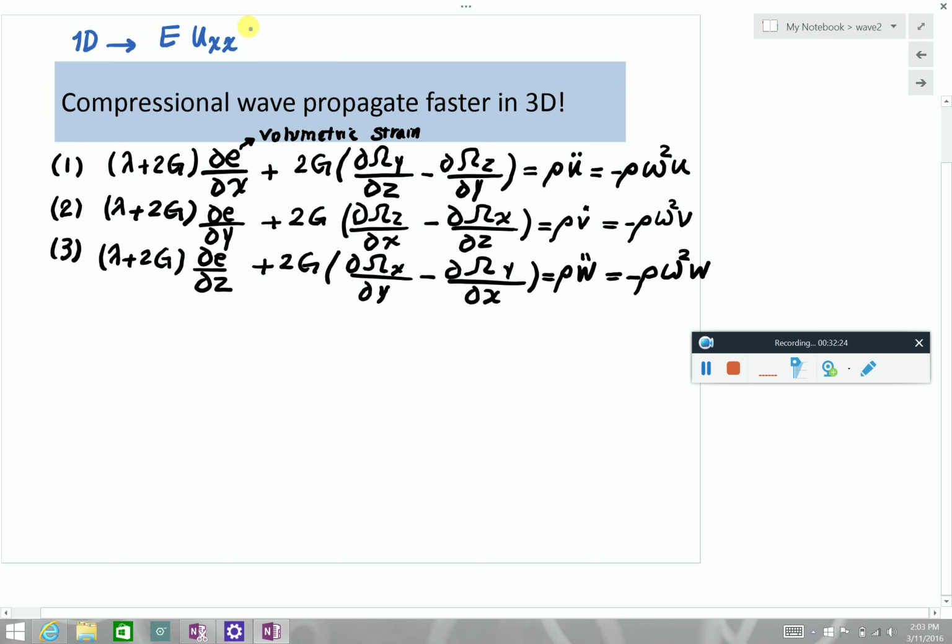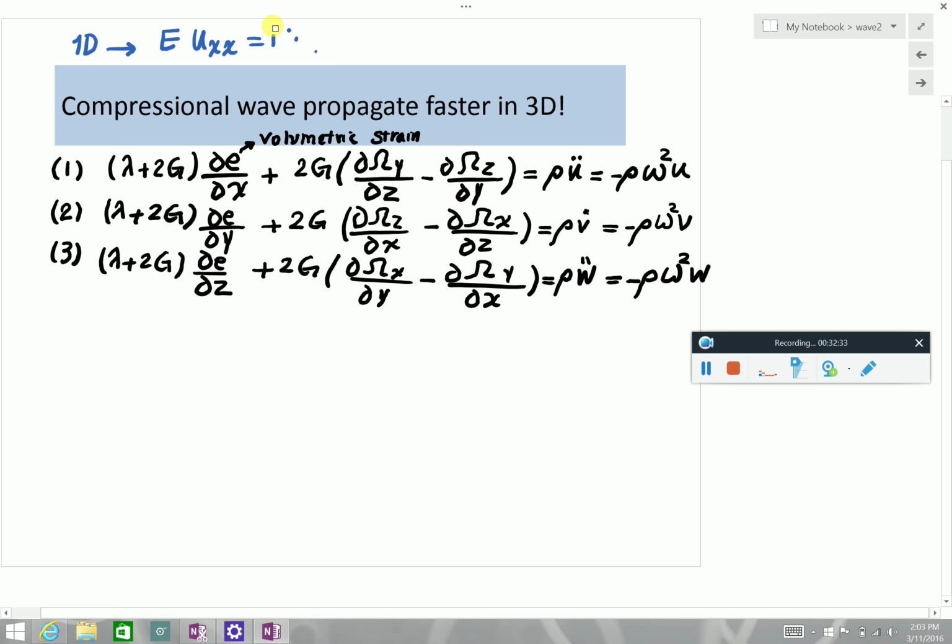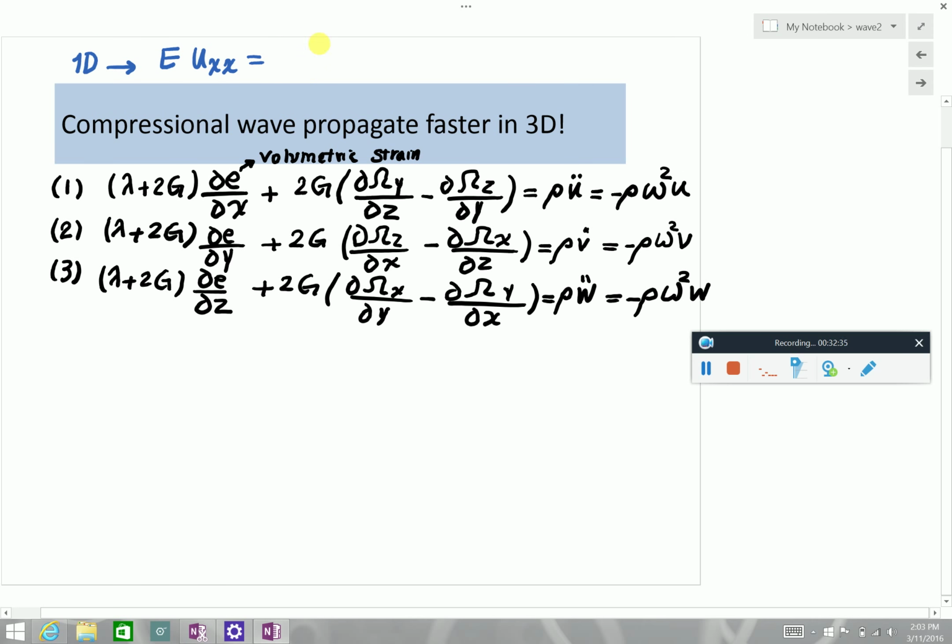This was equal to the second derivative with respect to t times rho. So let me write it a little bit nicer, rho u dot. So this is kind of comparable to this equation you have seen before.